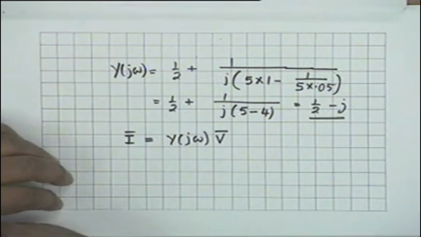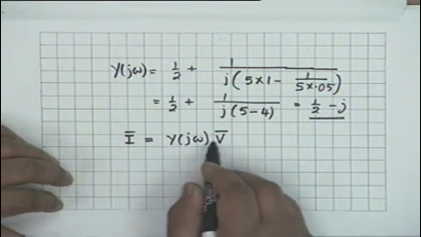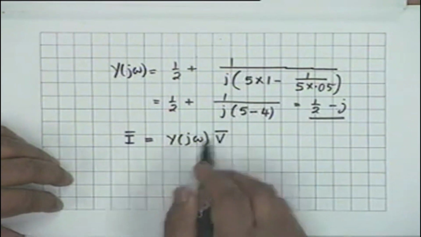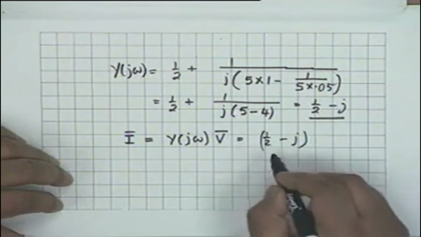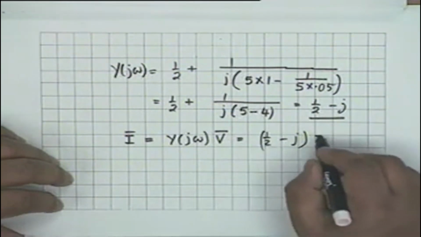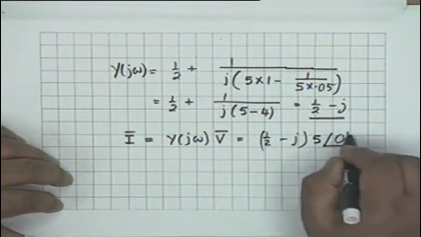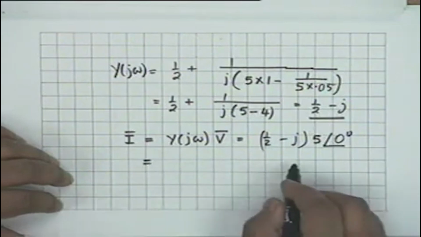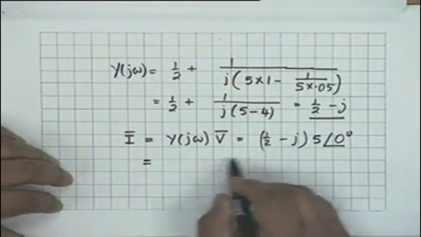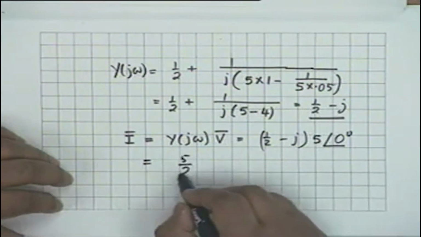So this is equal to half minus j times what is V? 5 angle 0 degrees. And therefore what is the magnitude of this? I can write this as 5 times half minus j.